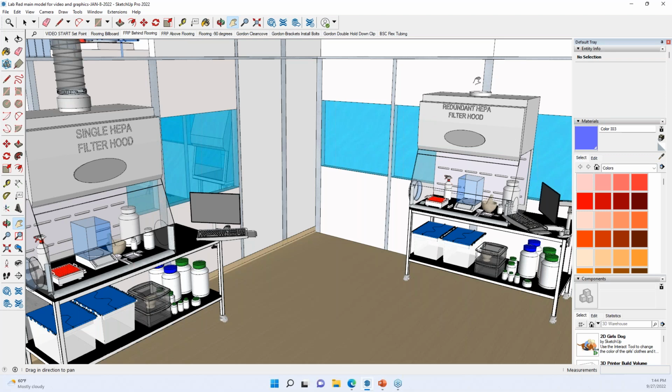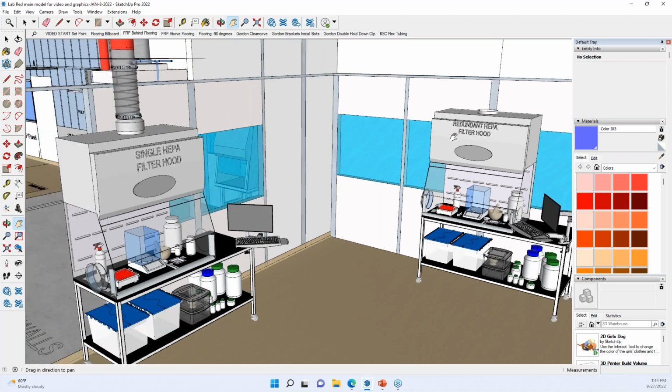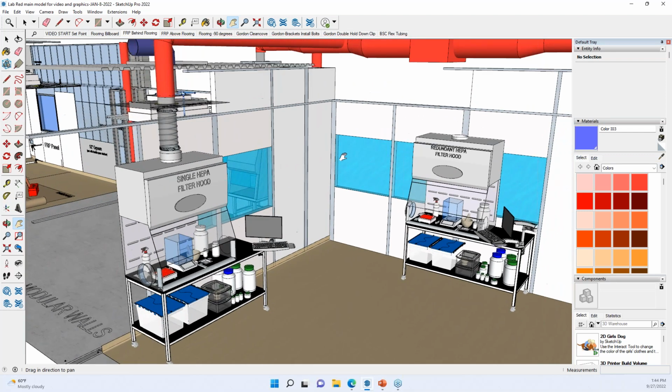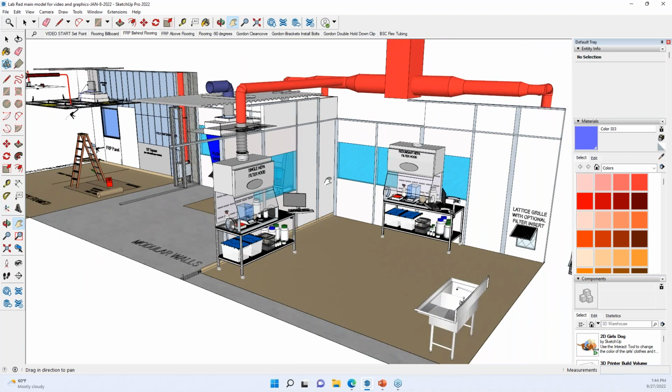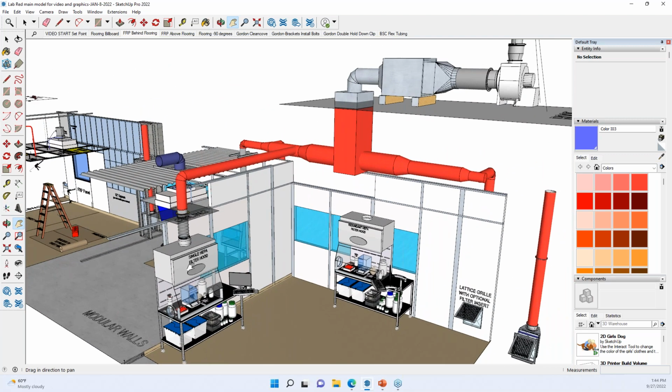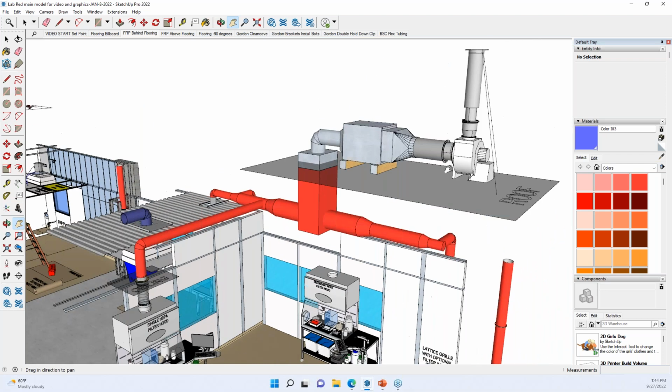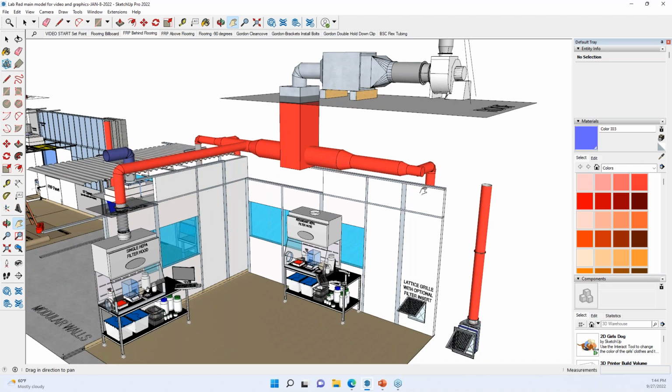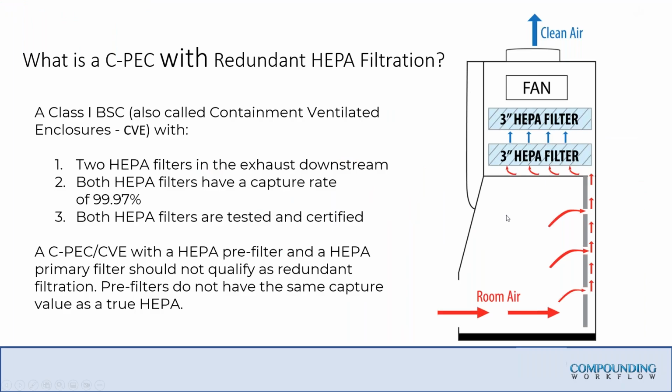The velocity that it pulls equals the velocity and volume that it puts out. It is room neutral. It does not actually contribute to the negative pressure. What does contribute to the negative pressure is getting the single HEPA filtered hood out of the exhaust blower on the roof or the low wall exhaust going out. That is what's generating the negative pressure in that space.